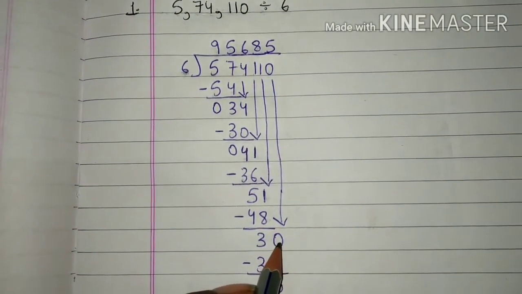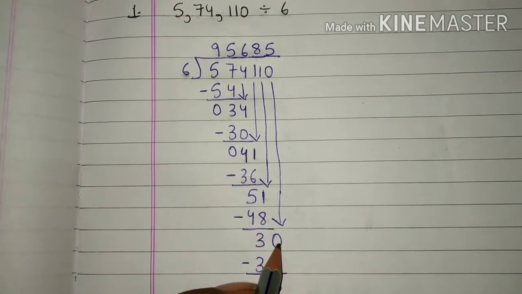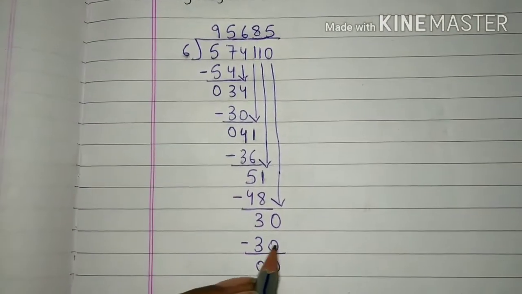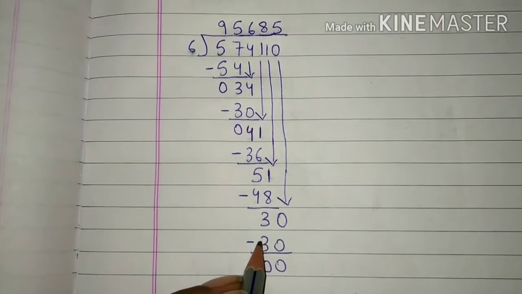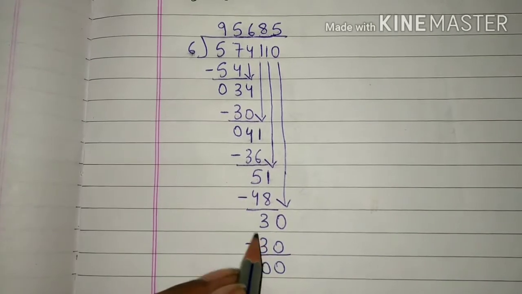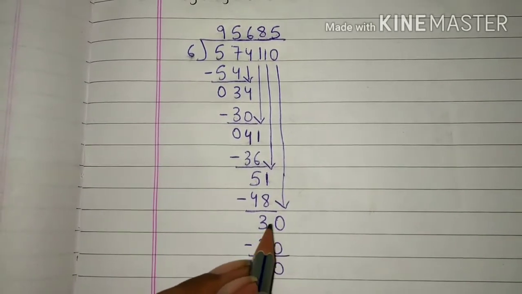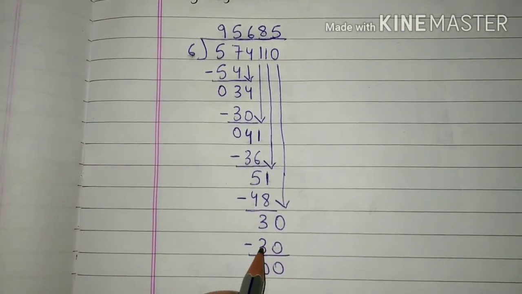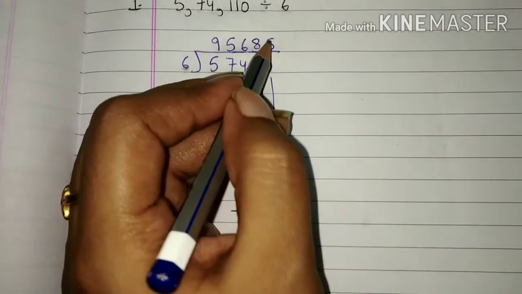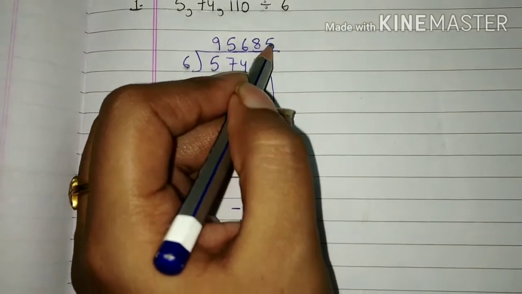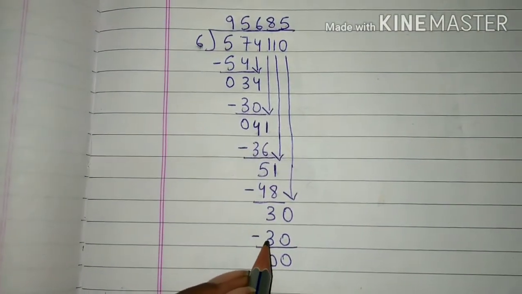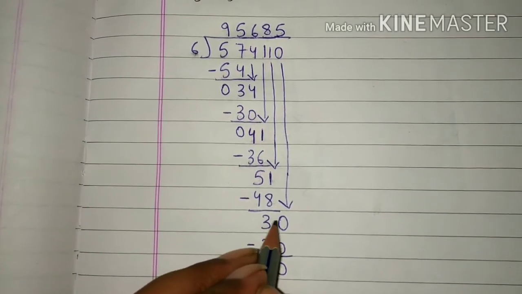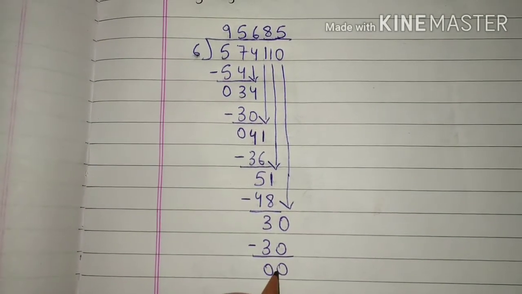Now number become 30. Students, 6 into 5 is 30 and 30 is equal to 30. So, we will consider 6 into 5 is 30. Students, we will write 5 here and we will write 30 here. Now, we will subtract the number. 30 minus 30 will give 0.